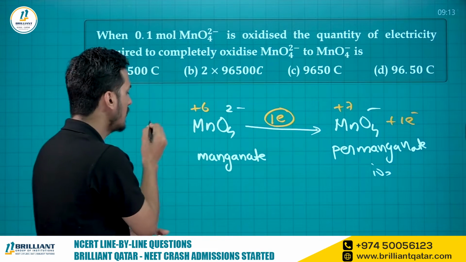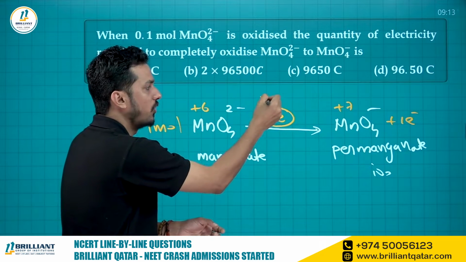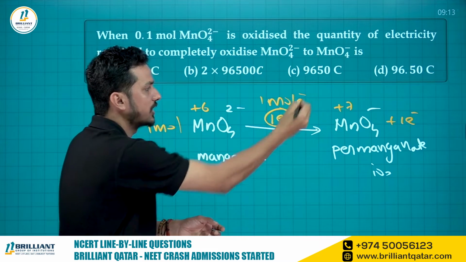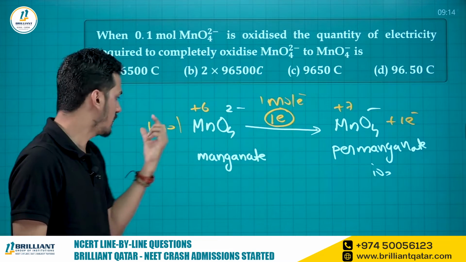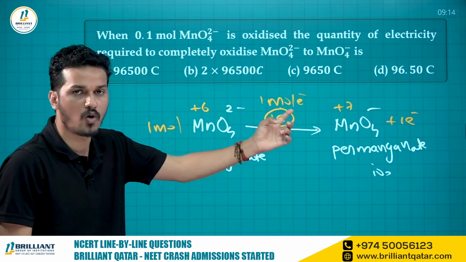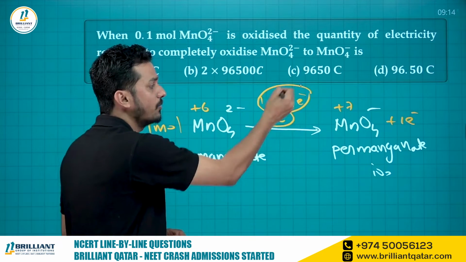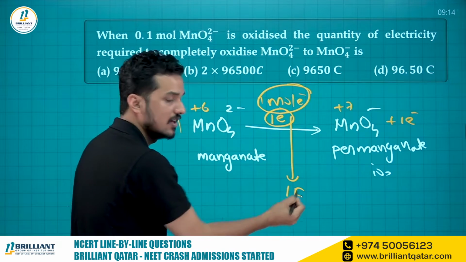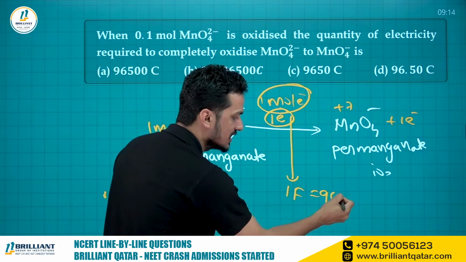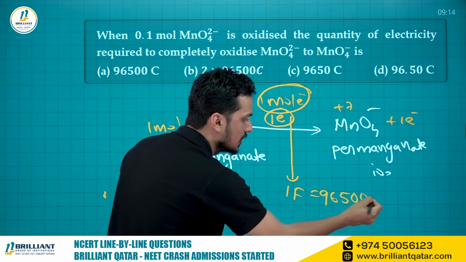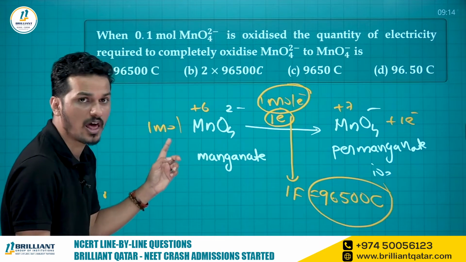During that, how many electrons are participating? 1 electron. If you are taking 1 mole MnO4 2-, we need 1 mole electron. 1 mole electron is 1 farad, which means 96,500 coulomb we require for 1 mole MnO4 2-.